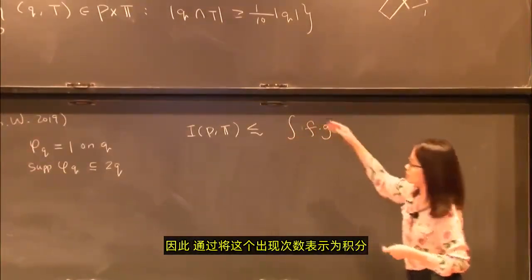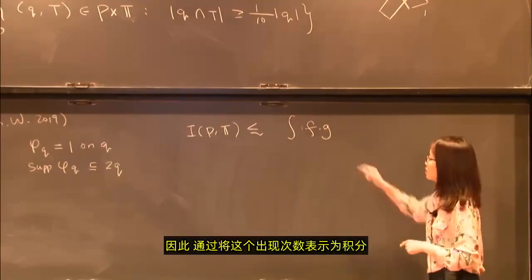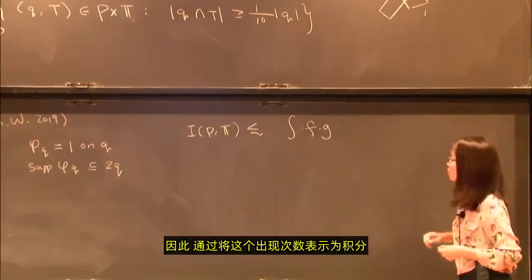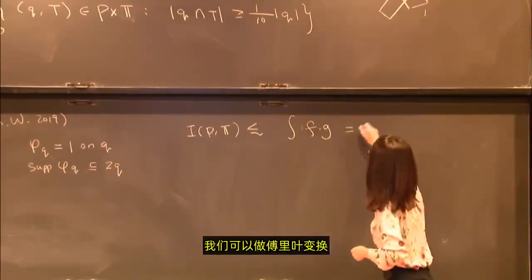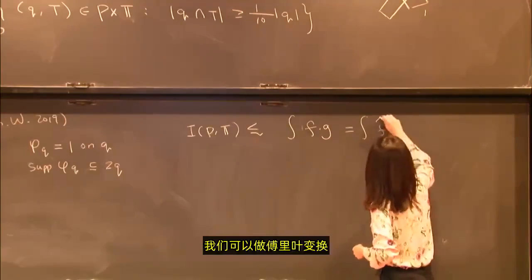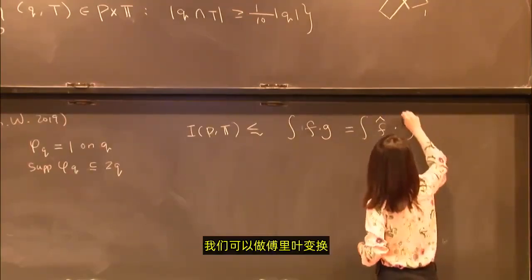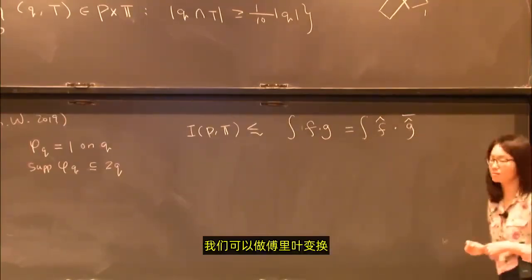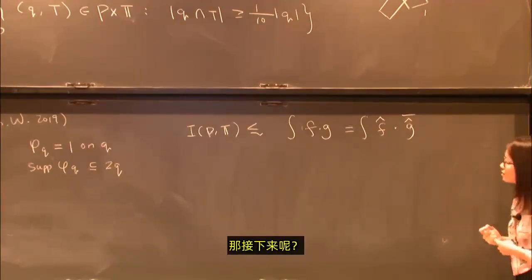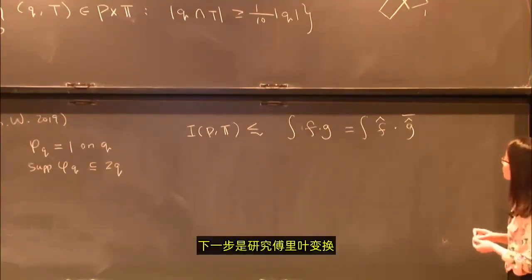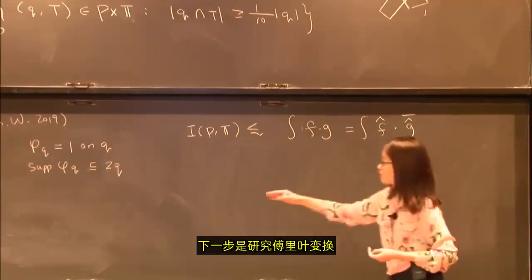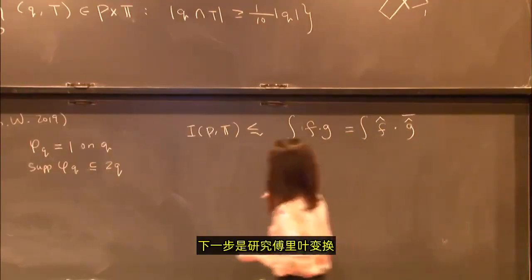By writing this number of incidences as an integral, we can take the Fourier transform. And now what's next? The next step is to study the Fourier transform of g.